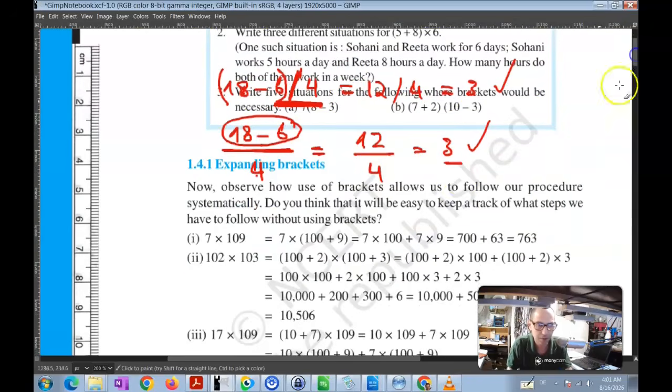So you could write (18 minus 6) divided by 4 is equal to 3. But the bracket is absolutely necessary here. Otherwise, you would have written a completely different thing with a completely different result.